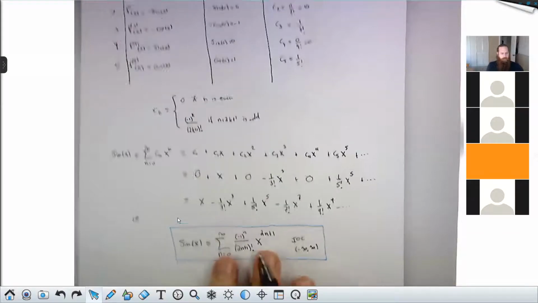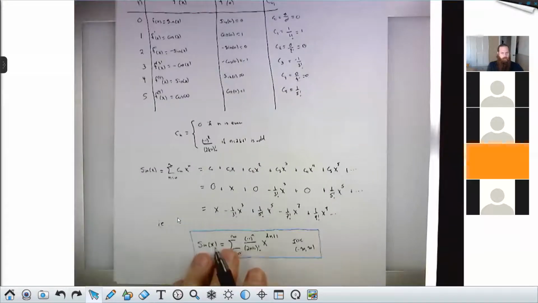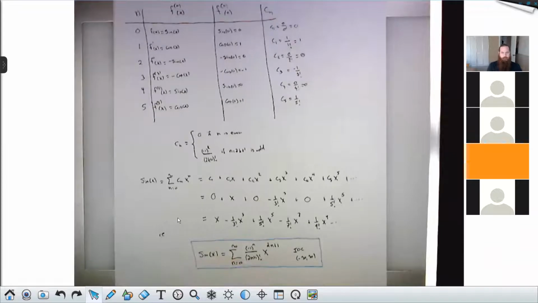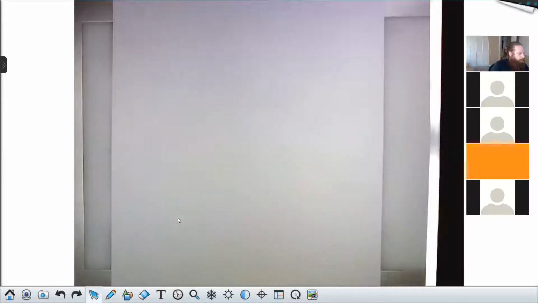Questions on this procedure here, on this result? Okay. So how do we get cosine?